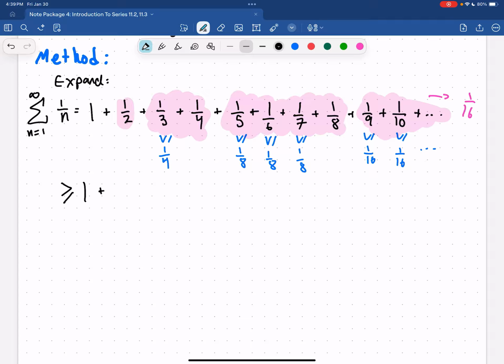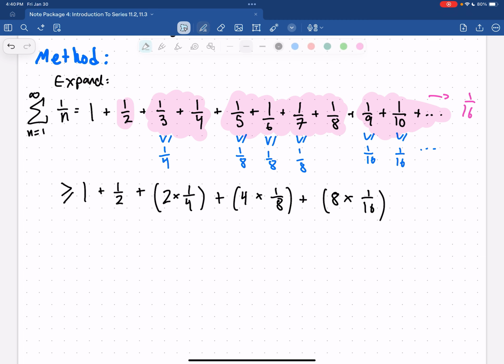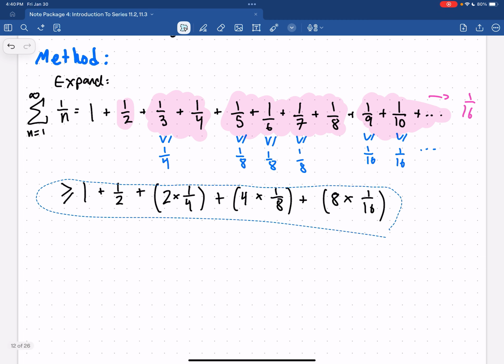So you had 1 plus 1/2 plus, you can write this as 2 times 1/4, plus we've got 4 times 1 over 8, just replacing each of those fractions with 1 over 8. And then we'll end up with 8 times 1 over 16. Maybe I'll explain this with an extra line.